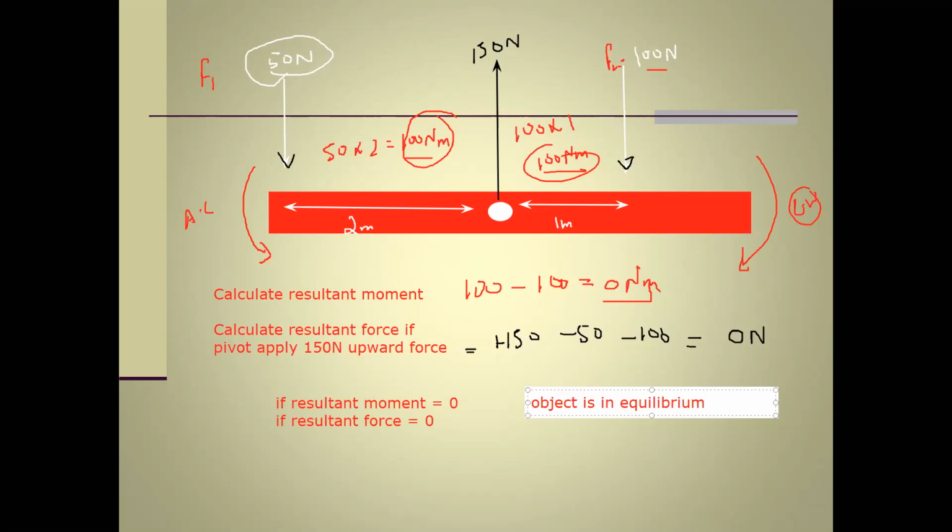So the concept is when the resultant force is 0 and the resultant moment is also 0, that condition is known as equilibrium. So an object is in equilibrium when there is no resultant force.